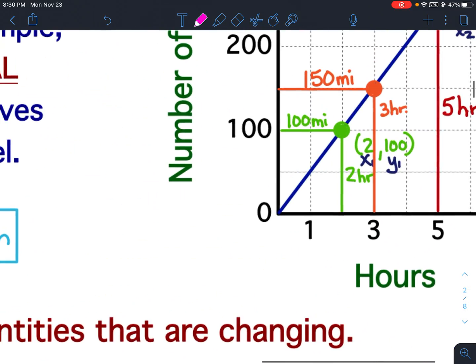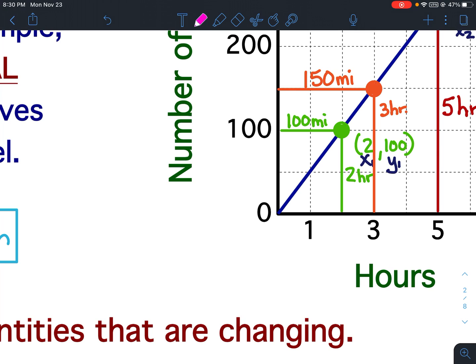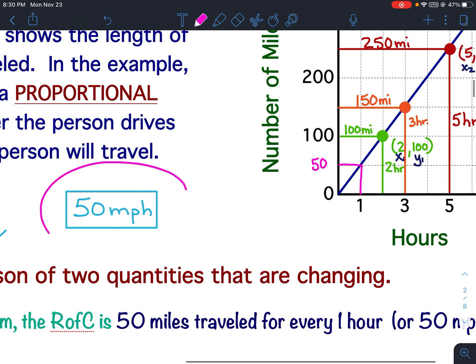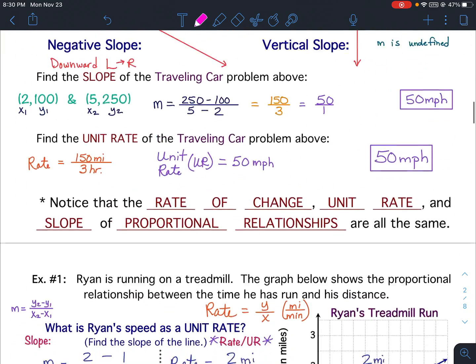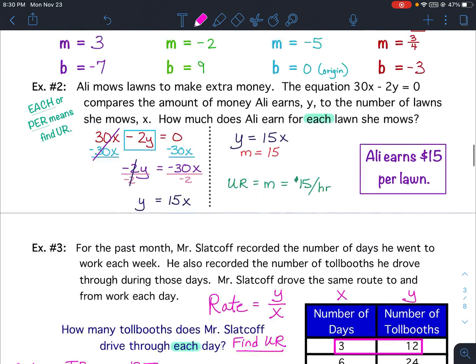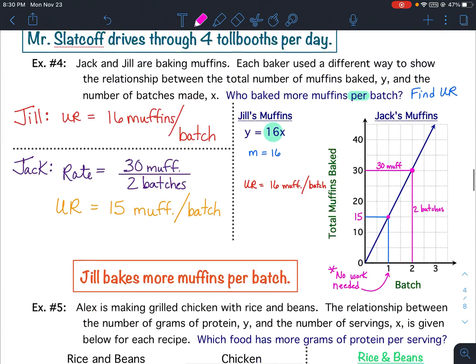But I could have done it here. The traveling car problem, I could have gone 1 up to the point and over, and I would have gotten 50. And that's what we got the entire way through. So again, when you're given a graph, look for 1 on the x-axis. If that doesn't work, then set up a rate and divide to find a unit rate.